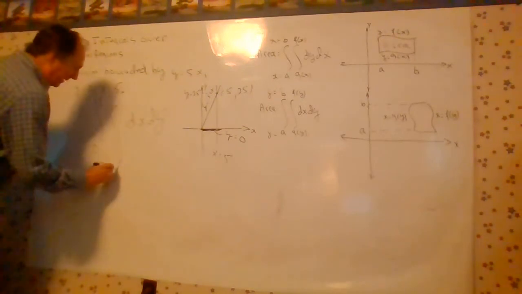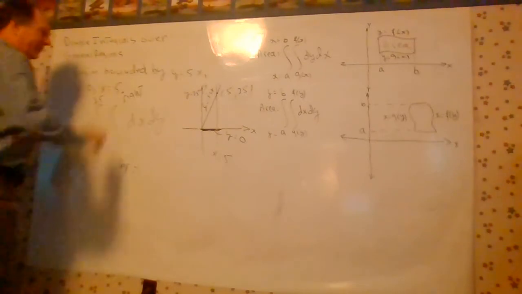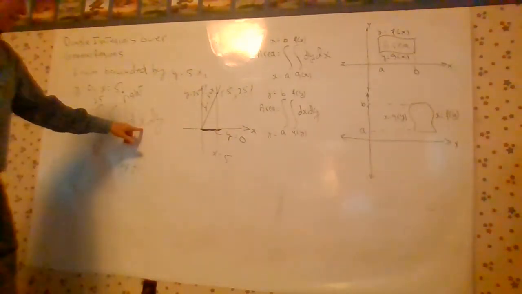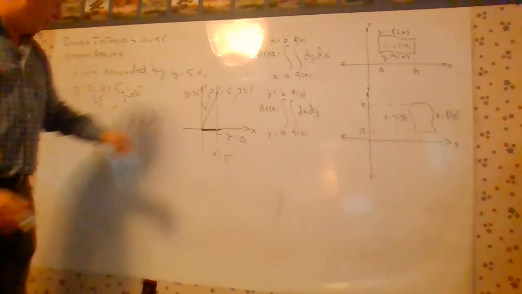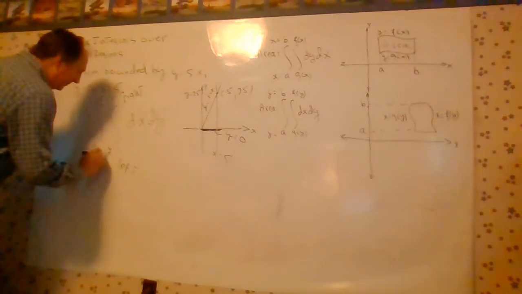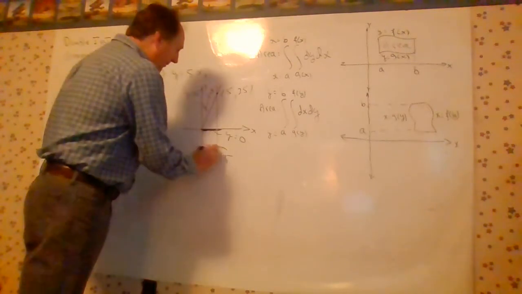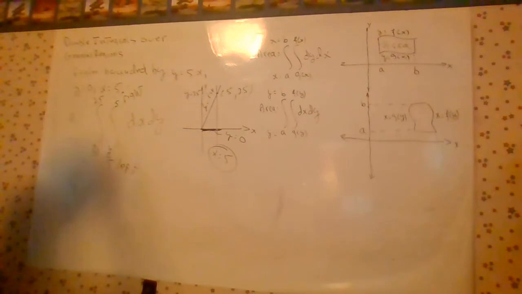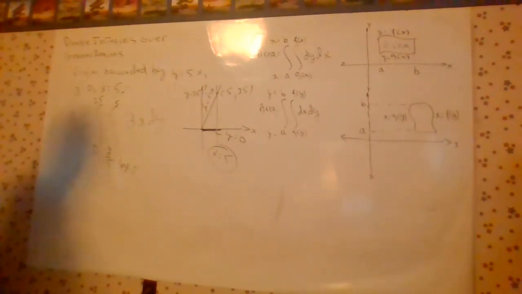If you want, when you're starting out, you can even write left, right in here to orient your thinking properly, okay? And these are x limits. So we have this curve here that's on the left. What's x equal? Y divided by 5. And what's x equal on this curve? Well, guess what? It's a constant 5. It doesn't vary. X doesn't vary with y. You can evaluate this, and it should be 62.5 just the same.